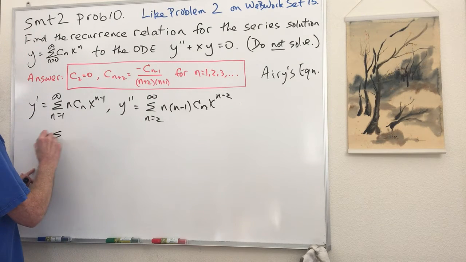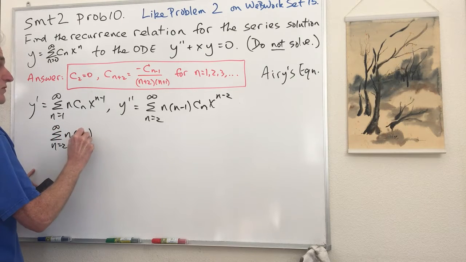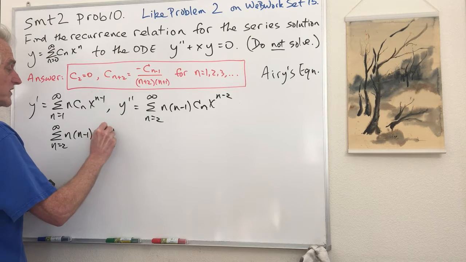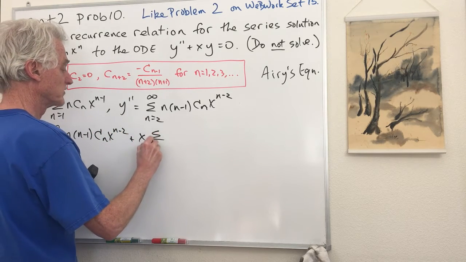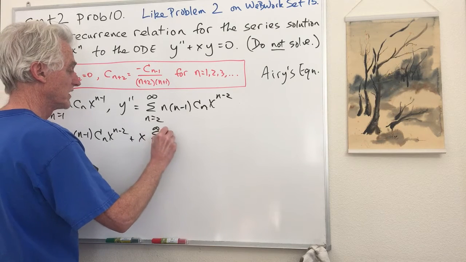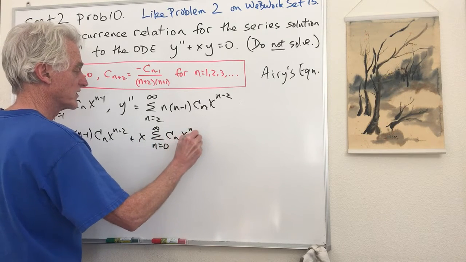Plug that in here, and you get the sum from n equals 2 to infinity of n times n minus 1 cn x to the n minus 2, plus x times the sum from n equals 0 to infinity of cn x to the n.